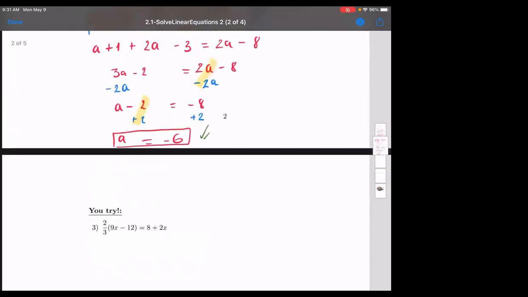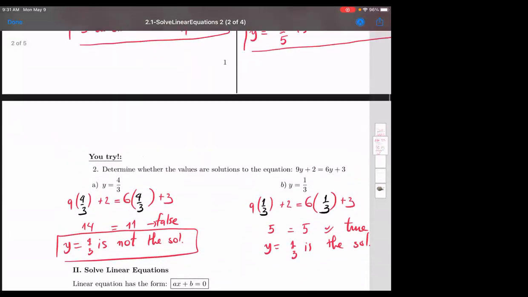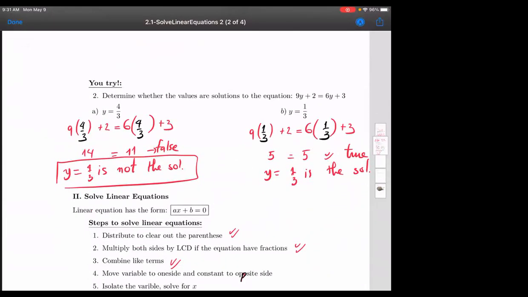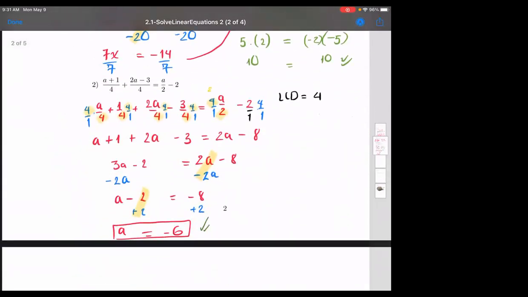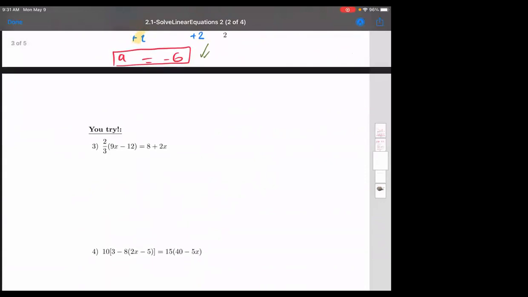Oh, by the way, from the previous you try, if you got it right, give yourself a bonus check mark. You're supposed to remember that on your own. Later on you total it up at the end of the day and put it in the sheet.